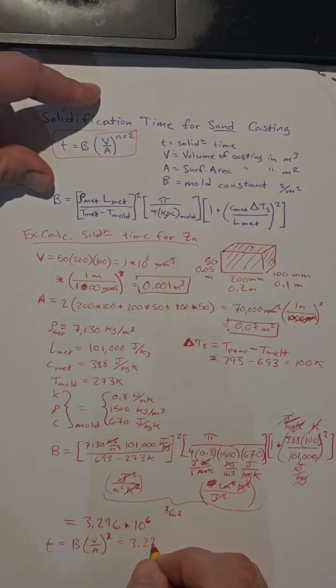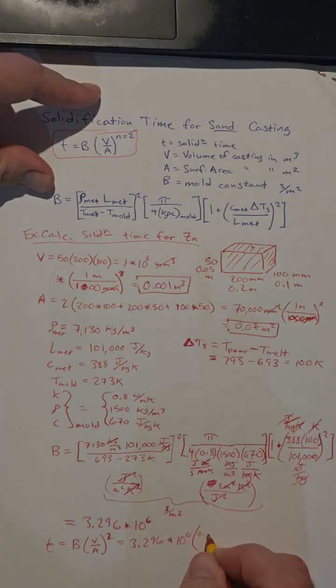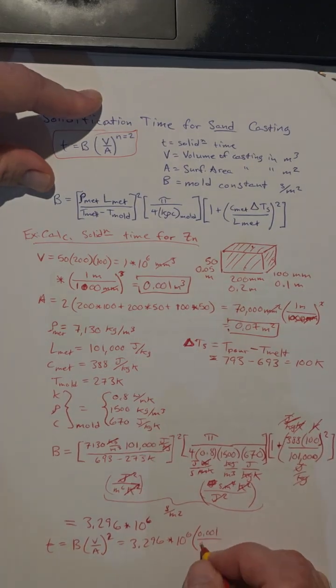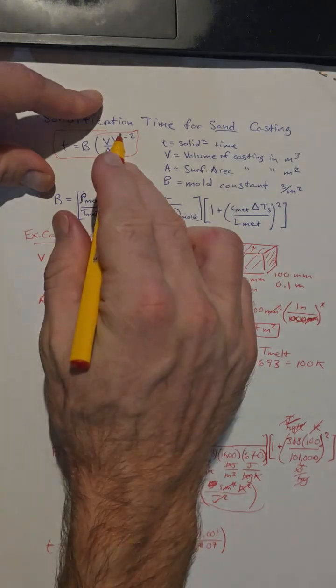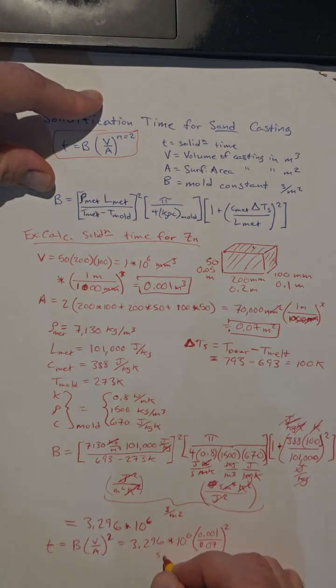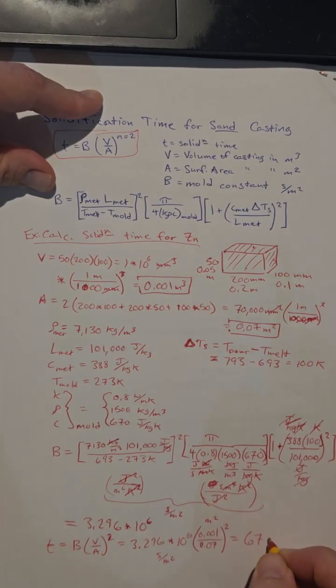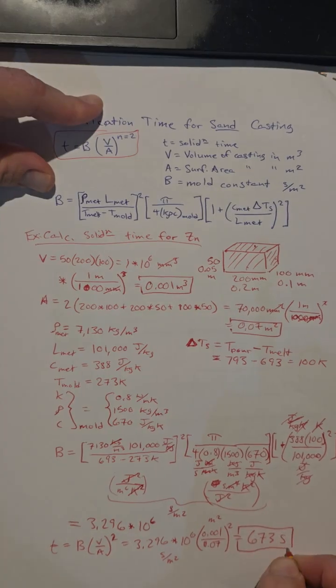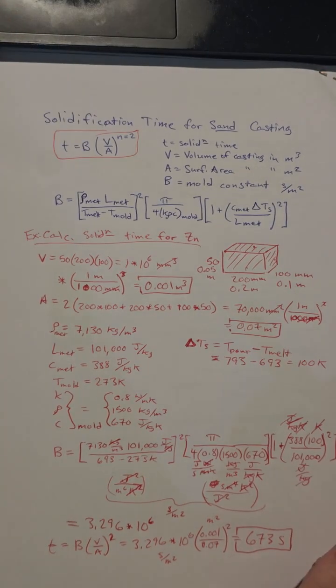That's 3.296 times 10 to the 6th times 0.001 over 0.07, and that is squared. My units here are seconds per meter squared. The units coming out of the parentheses are volume over area, so that's going to be meters, squared. So all I'm left with is seconds, and the value is 673 seconds. That is my solidification time for the sand casting.